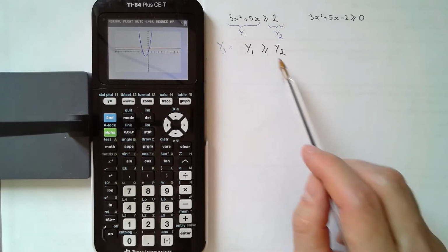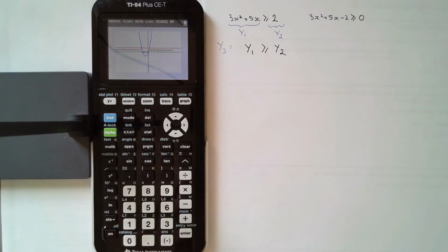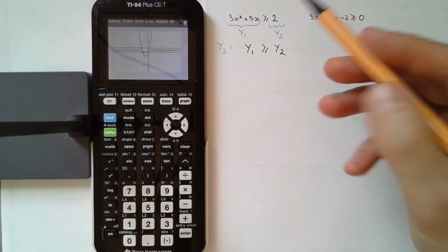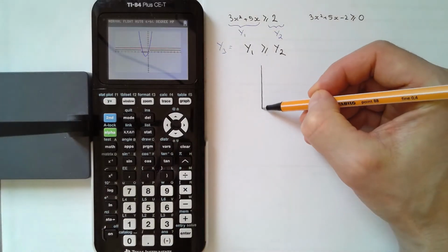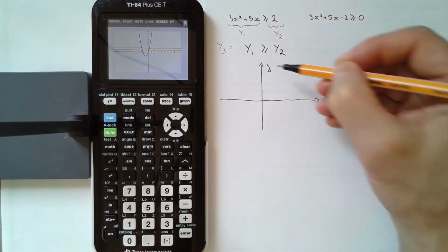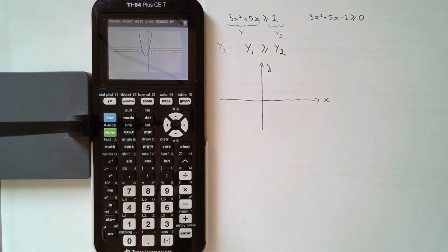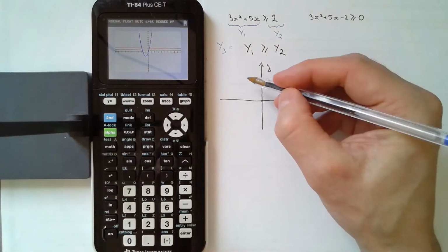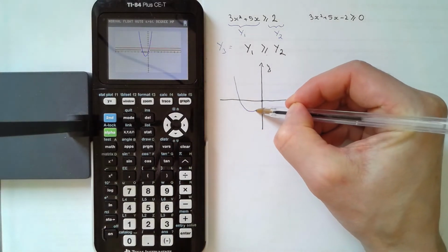So let me draw this onto my paper and I'm gonna explain what's going on. Right, so the blue is our parabola. Perfect.